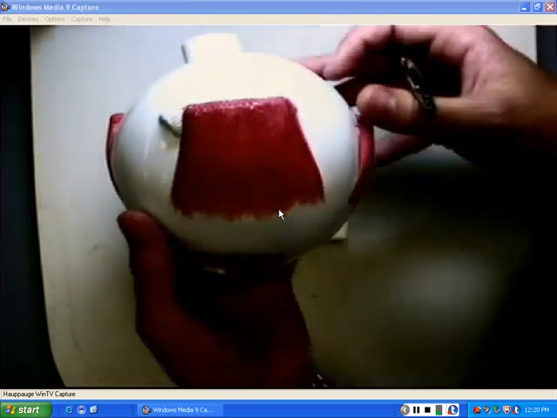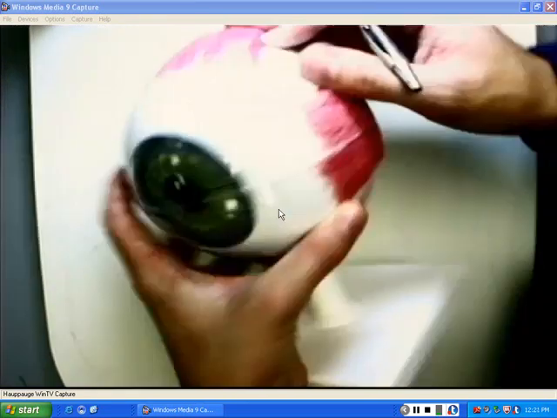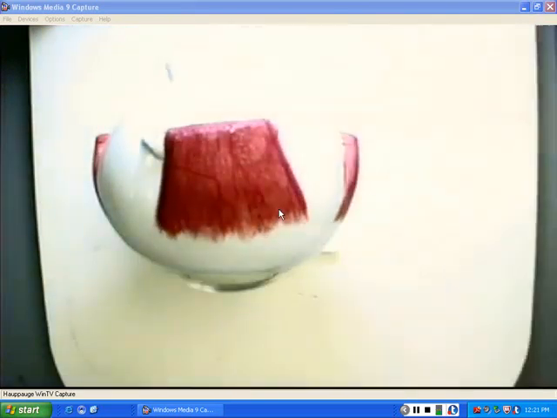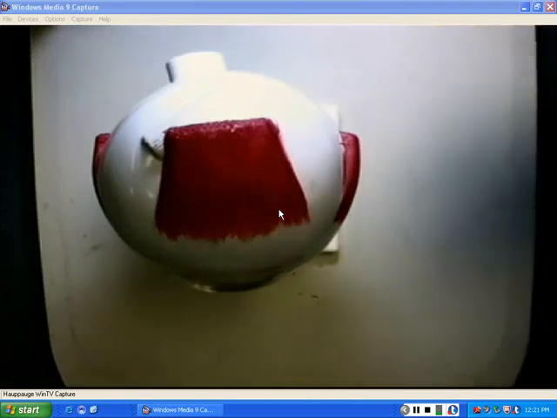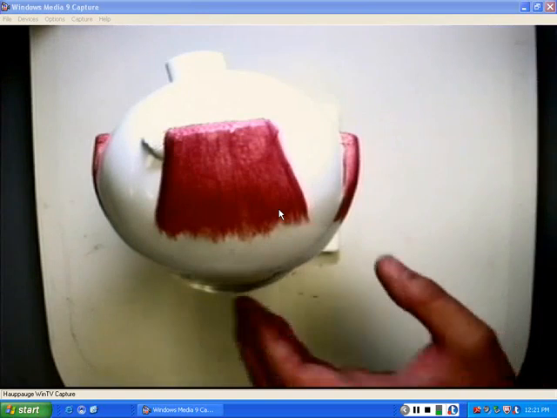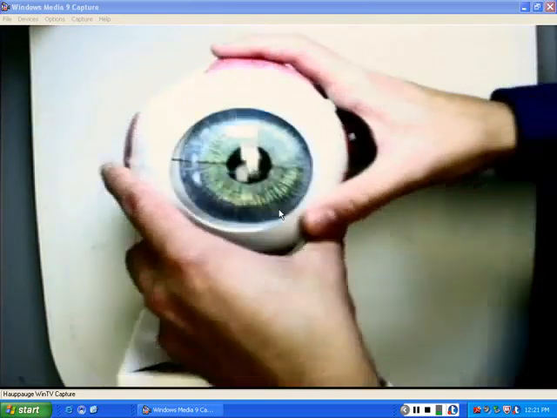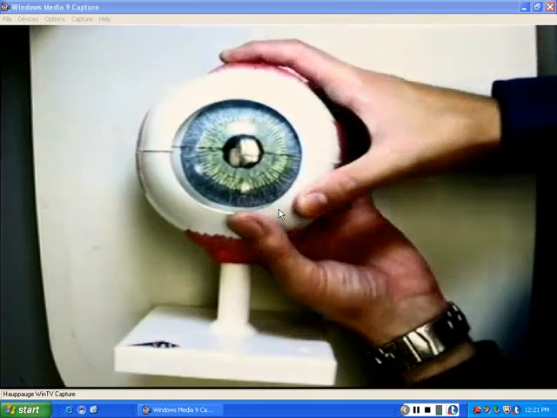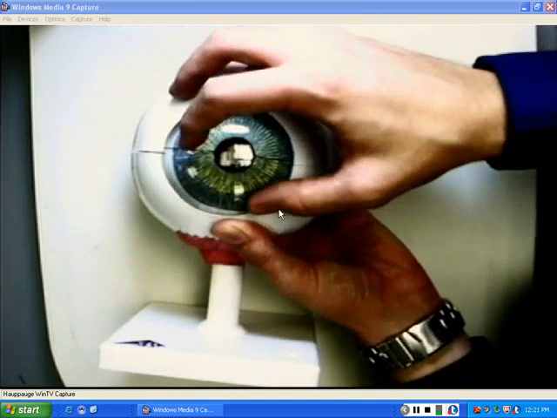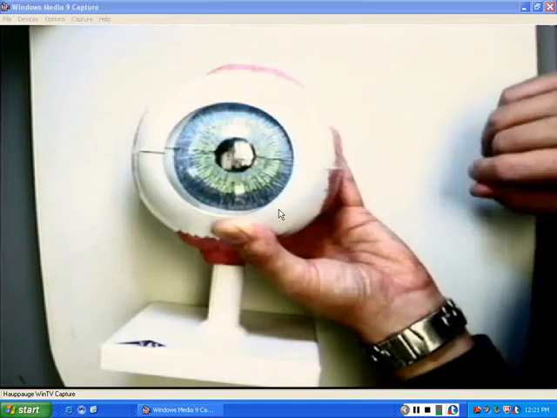But the first structure we're noticing here is the whites of the eye, which you will see on all surfaces of the eye, referred to as the sclera, and that we will see is a very tough portion of the eye. And one of the things we'll continue to talk about as we say how fibrous and tough it is, kind of a natural conclusion to go straight on to this outer clear covering referred to as the cornea, which the cornea and the sclera together form what is called the fibrous tunic.